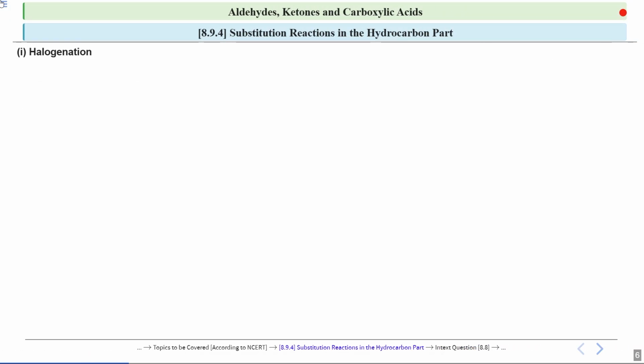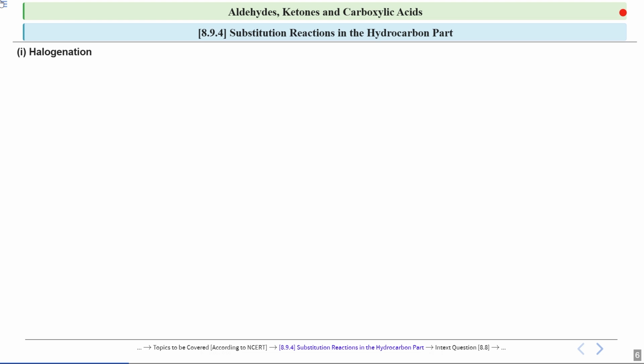Halogenation is a reaction, as I told you, where a halogen atom like chlorine or bromine is introduced into a molecule. Here we are focusing on how carboxylic acids can be converted into alpha halocarboxylic acids.